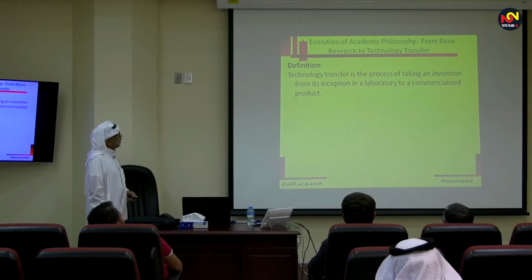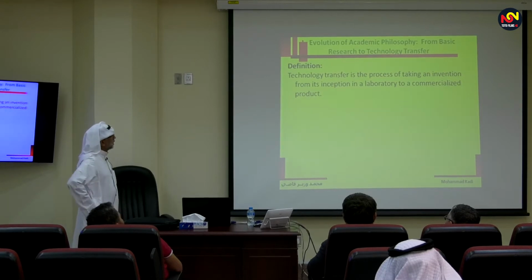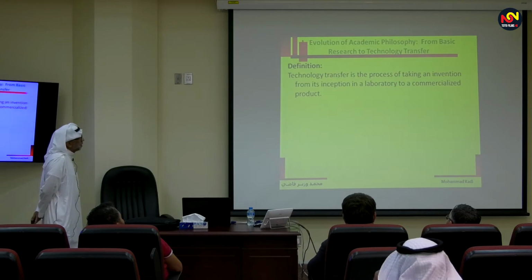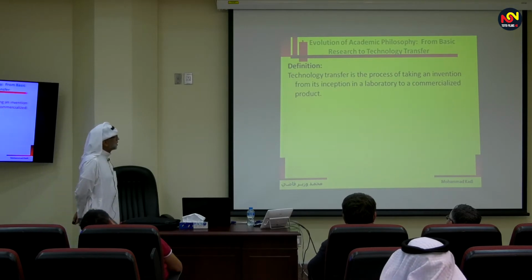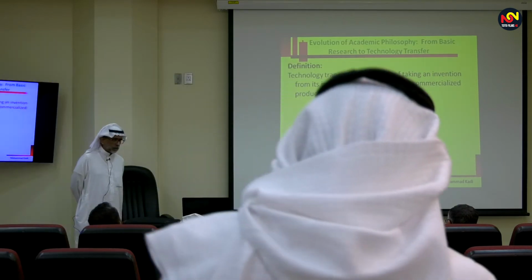This new term, which has been evolving for about 20 or 30 years, is technology transfer. Technology transfer is the process of taking an invention from its inception in the lab to a commercialized product.